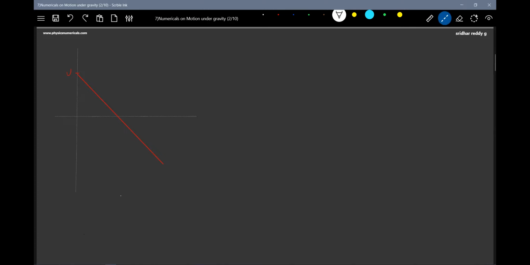Let me extend further. And this will be initial velocity u. These are very important for us. So this will be minus u, this will be minus v. This is velocity. And what about this? u by g, 2u by g, and this is t. This is about the velocity versus time graph.